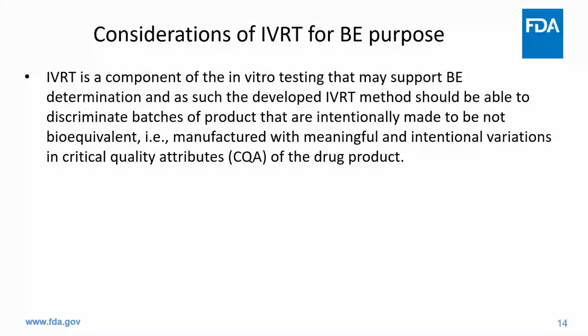This can be achieved by using product manufactured with meaningful or intentional variations in critical quality attributes of the drug product. For instance, for an injectable suspension product, if you identify that the particle size is a critical quality attribute, you may consider using a product with different particle size to demonstrate the discriminative power of the dissolution method.